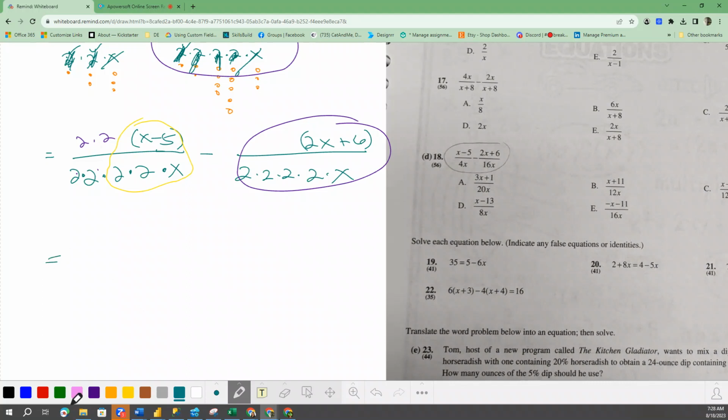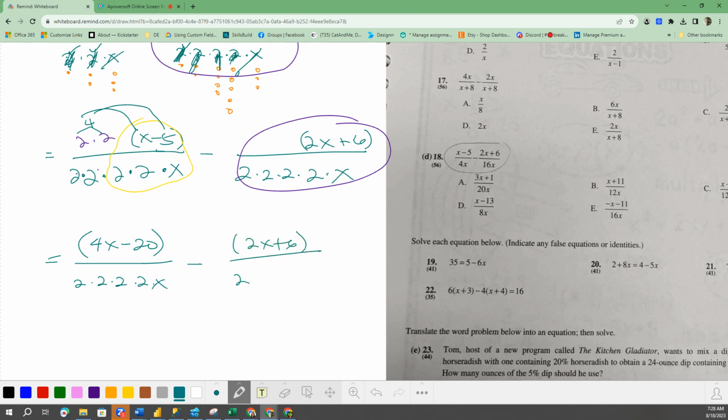So this is 2 times 2, basically 4, right? So you need to distribute that 4 with that one. So you will have 4x minus 20, still in parentheses, over 2 times 2 times 2 times 2 times x, minus, still in parentheses, 2x plus 6 over 2 times 2 times 2 times 2 times x.